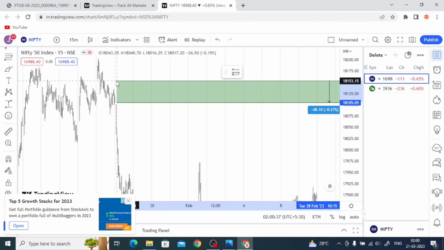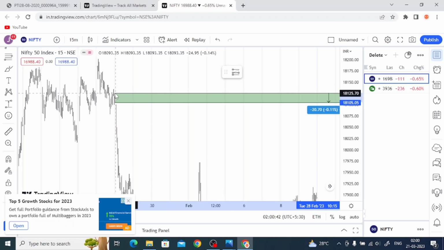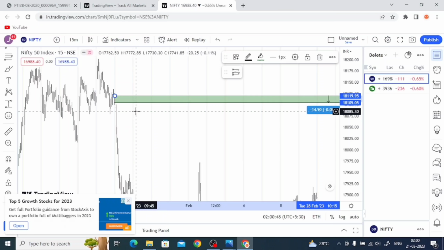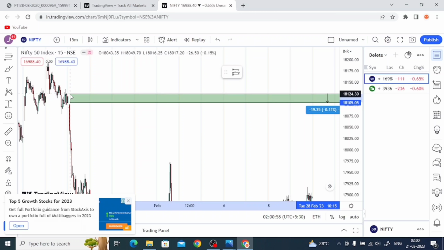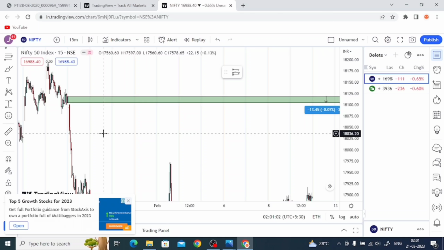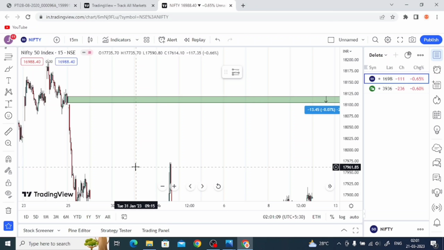If you want to reduce the size, you move the mouse downward. I think this is good marking.